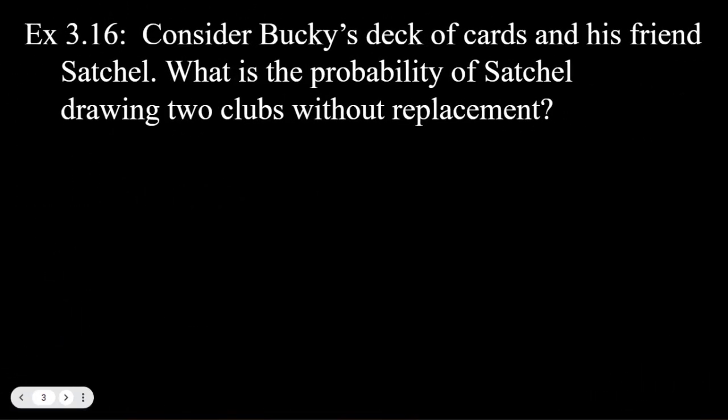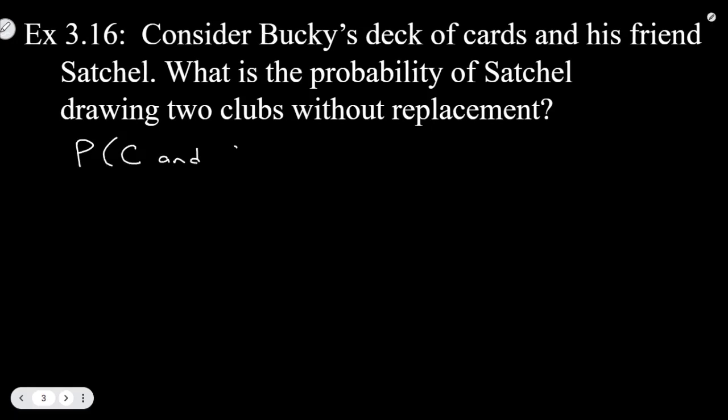Example 316, the deck of cards, Satchel. What is the probability of Satchel drawing 2 clubs without replacement? So this is the probability of drawing a club and another club. That is the probability of drawing a club, times the probability of drawing a club given that you got a club the first time.